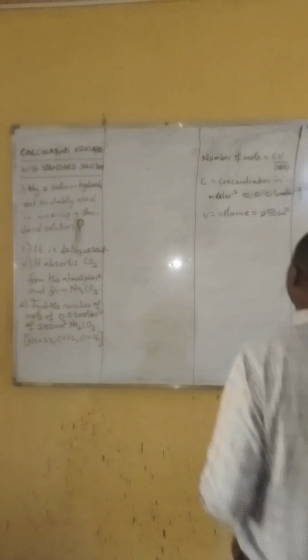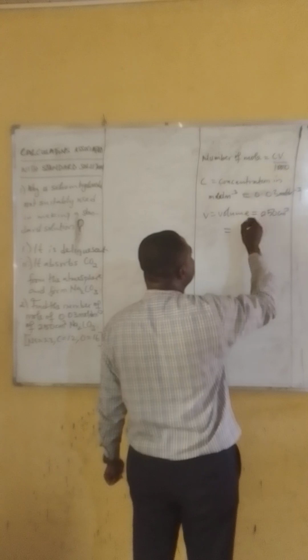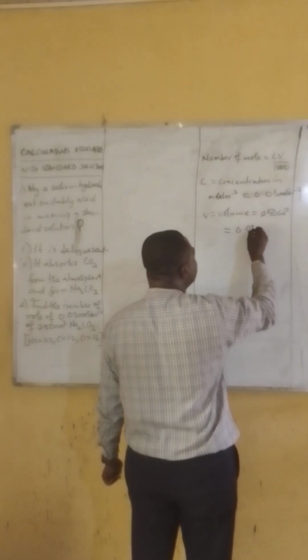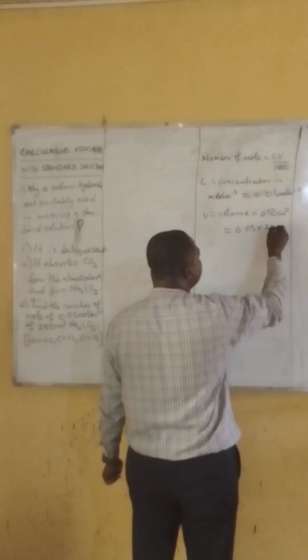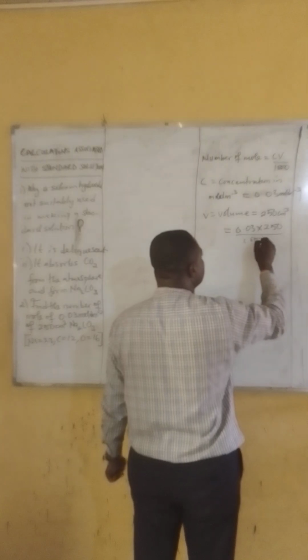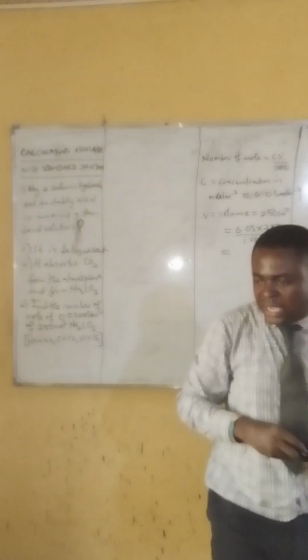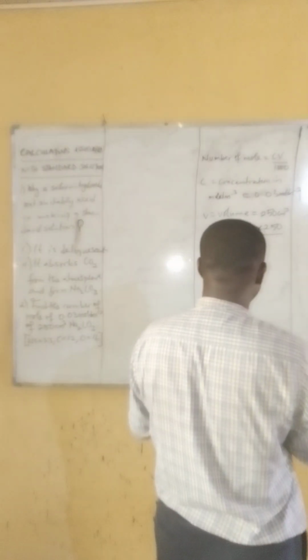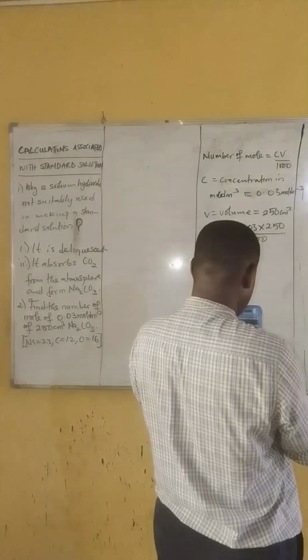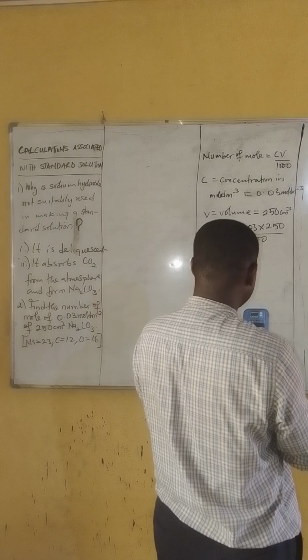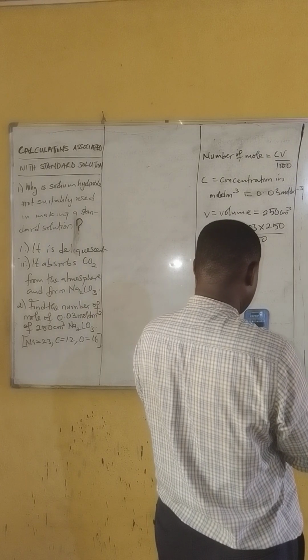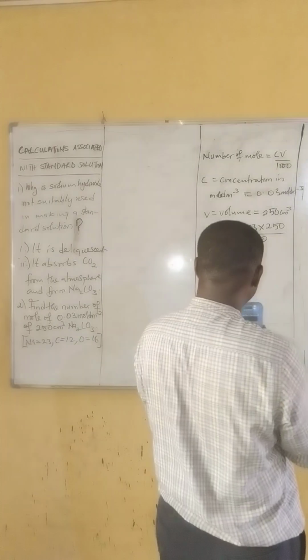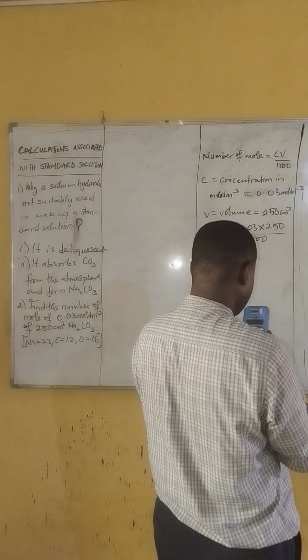Now, what do we do with that? Then we put in our formula. Our number of mole will now be 0.03 times 250, then over 1000. So what do we have? You can calculate that out to have 0.03 times 250, then divided by 1000.